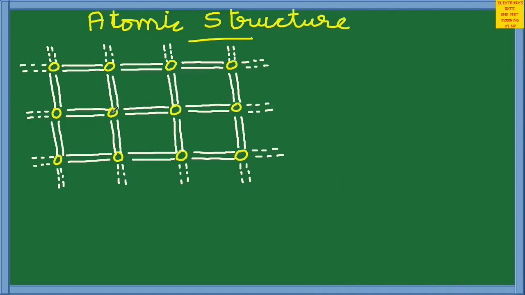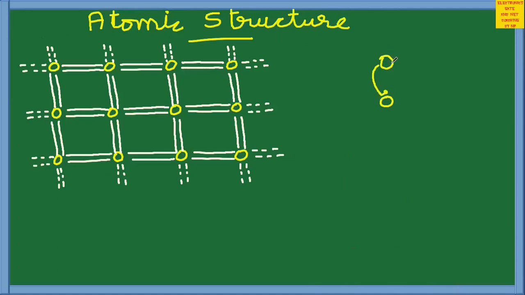And by sharing we mean that the electron belongs to both the atoms. To understand that, let's consider these two atoms. Let's draw it separately. When we consider this atom, as we said, it has 4 valence electrons. Let's consider one of its valence electrons here, and it will share this valence electron with the other atom.